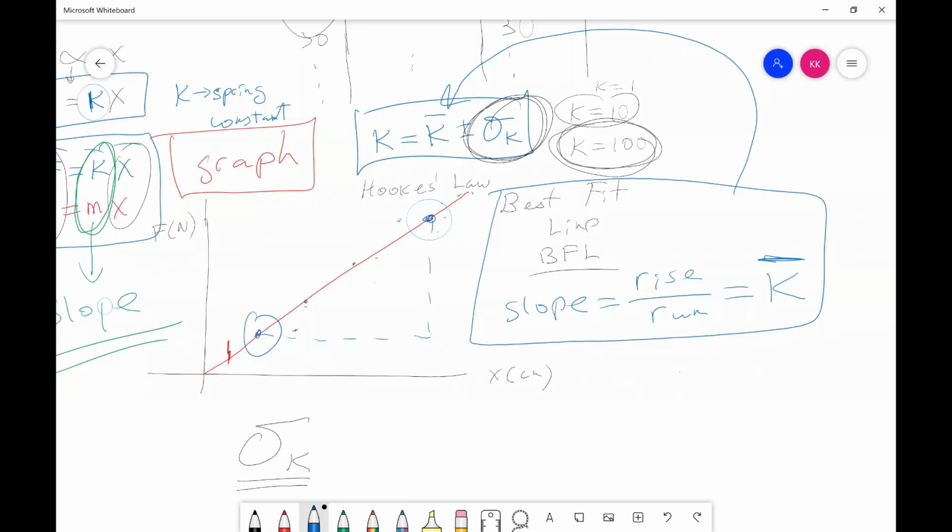Same way it could have been plus uncertainty in X and minus uncertainty in X. That means all of those data points come with plus minus the uncertainties in X, and plus minus uncertainties in Y, that means in force. Okay, so that's what looks like a cross. It's actually plus minus the uncertainties of your measurements of the force and the position. Now, what we need to do after this, after we get those, you need two more lines.